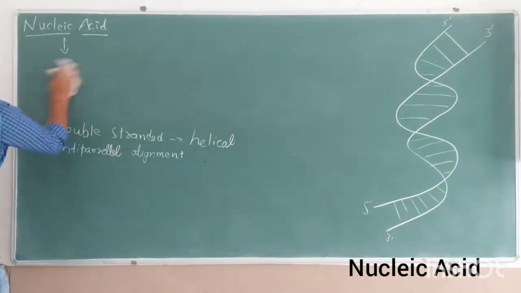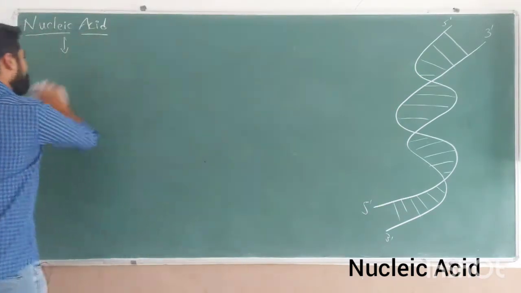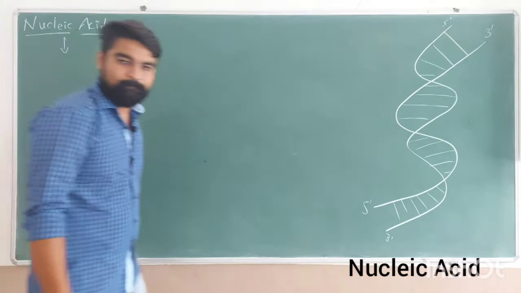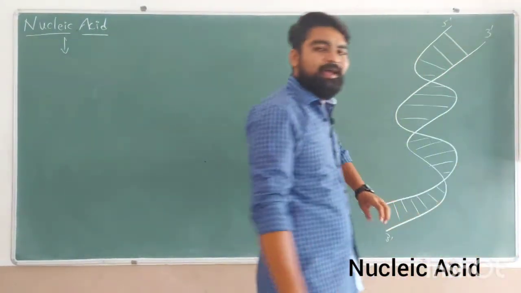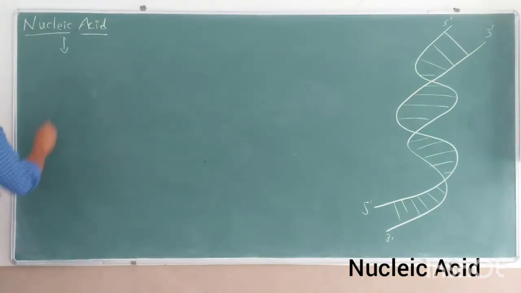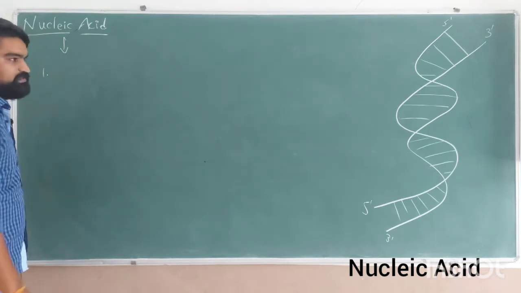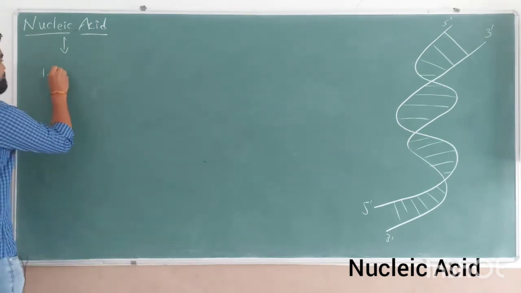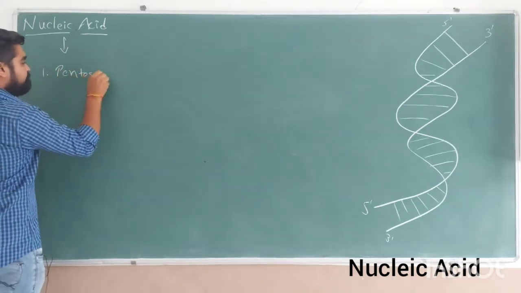Now this is the structure, but this particular structure does not explain what components are present in the DNA, how they are arranged, and what bonds hold the DNA together. So there are three different compounds present in DNA. One is pentose sugar.